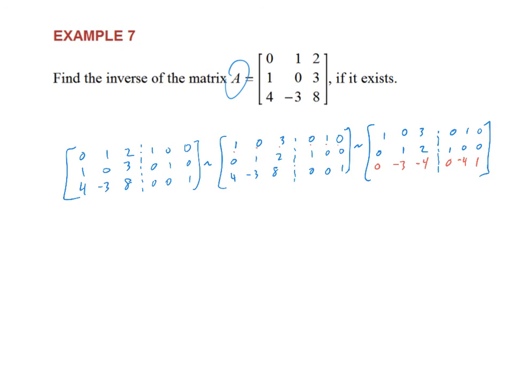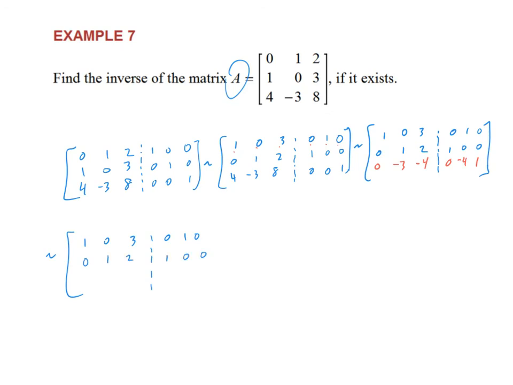Okay, now moving on to the next operation. We're going to say that that is row equivalent. I'm going to keep row 1 the same, and I'm going to keep row 2 the same because I have those two pivots in place.